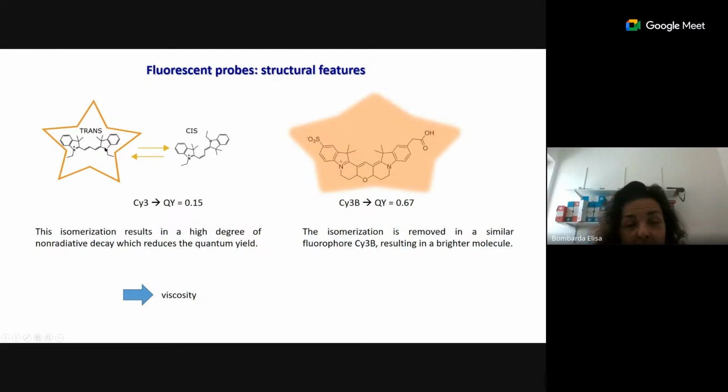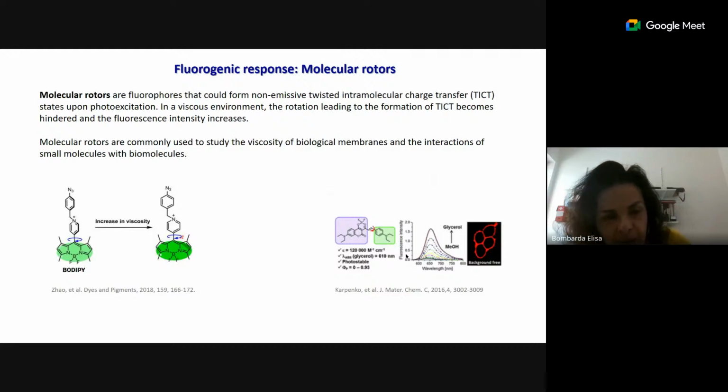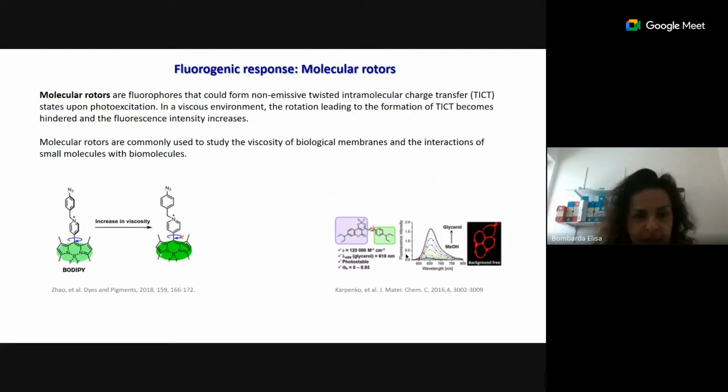Because here you basically lose energy, not only by fluorescence, but by the structural change in the molecule. And here not. So that was an example of how the isomerization may affect the fluorescence of the molecule.